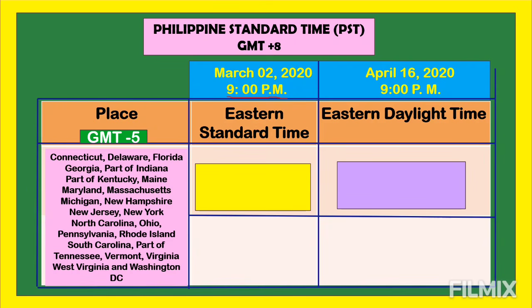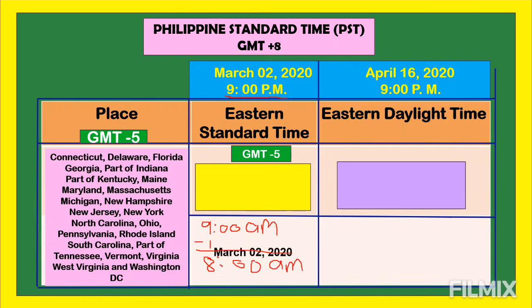I just get the exact opposite of 9 p.m., which is equal to 9 a.m. Since we are 13 hours ahead, we're just going to subtract 1 hour. So, it becomes 8 a.m. during Eastern Standard Time. That is our answer, or 800 hours.